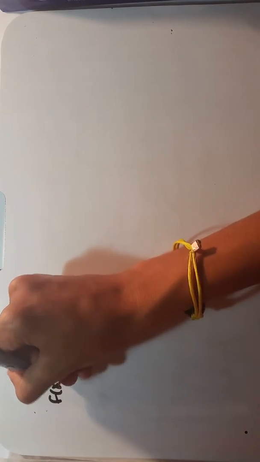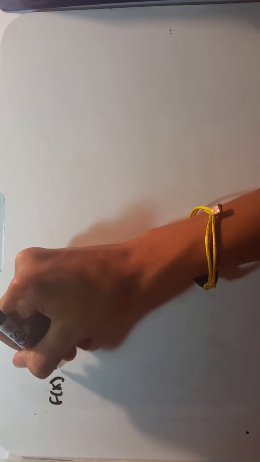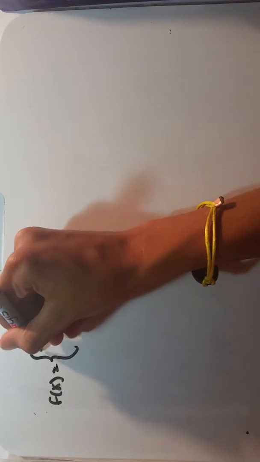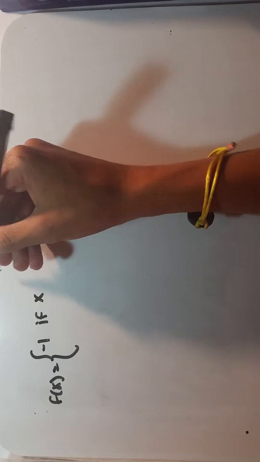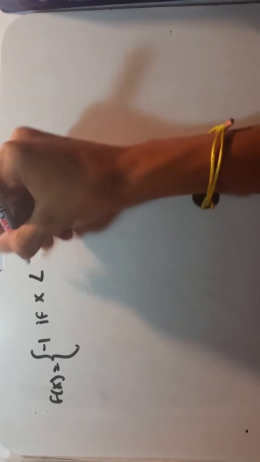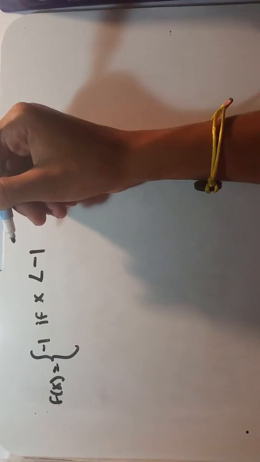So we have that f of x equal to -1 if x is less than -1.